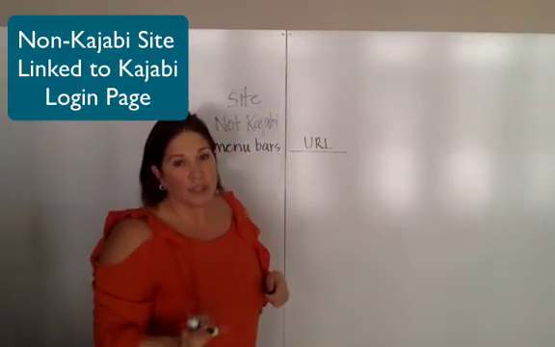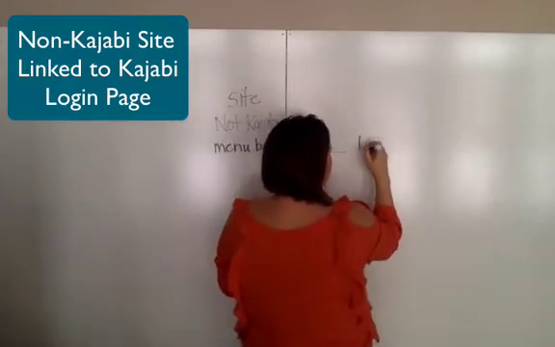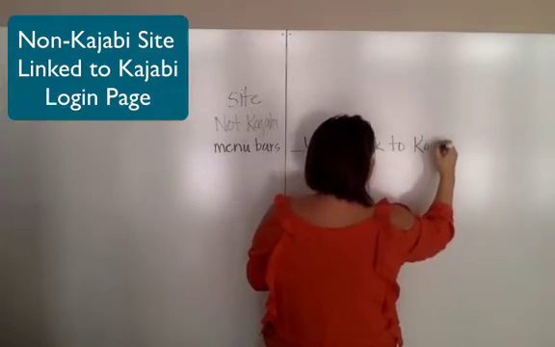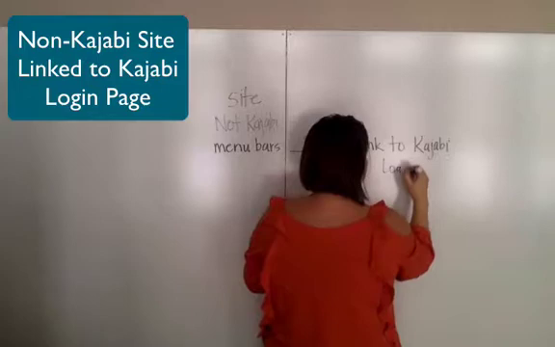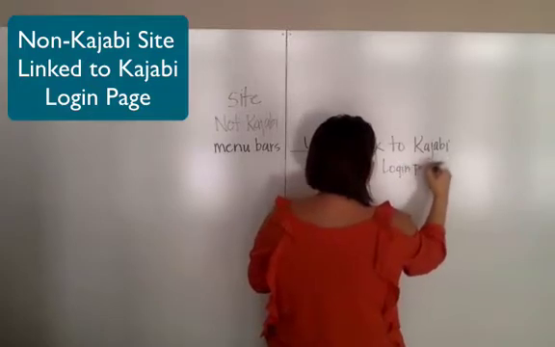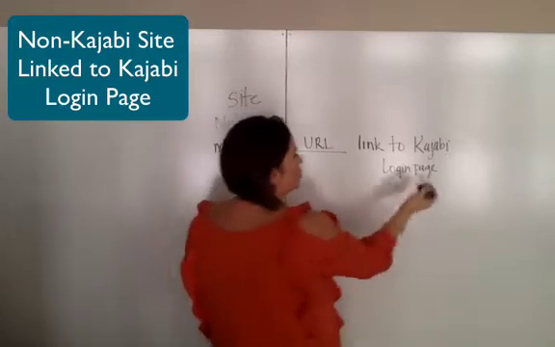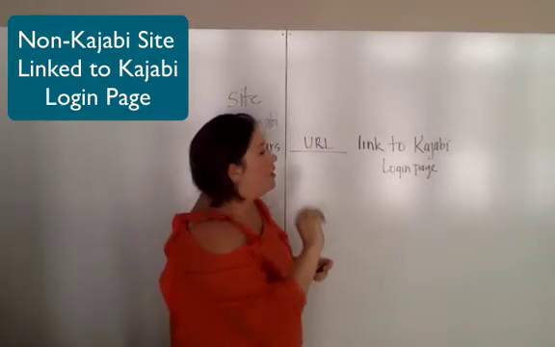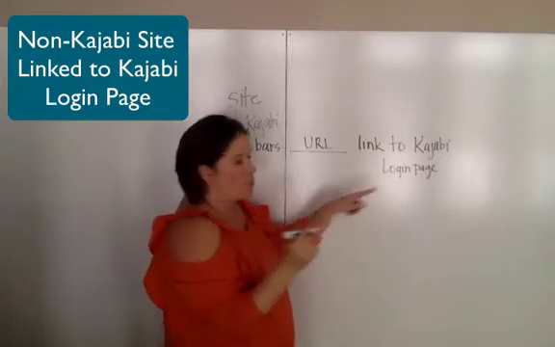So all you need to do is in this URL, you're going to link to your Kajabi login page. All right? This is your library. You can click on inside Kajabi, click on the login page, and just link this URL.